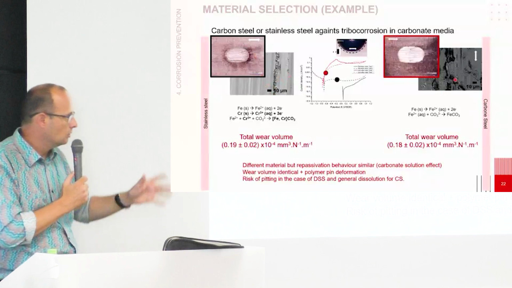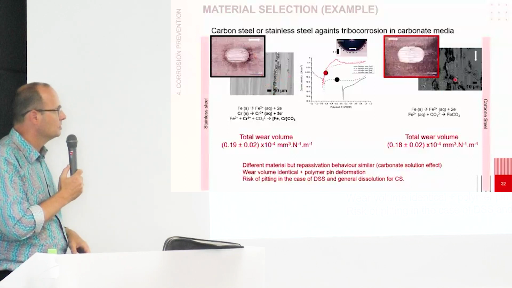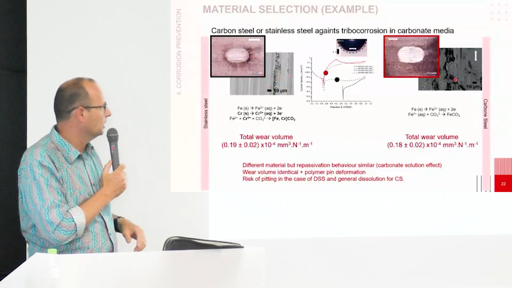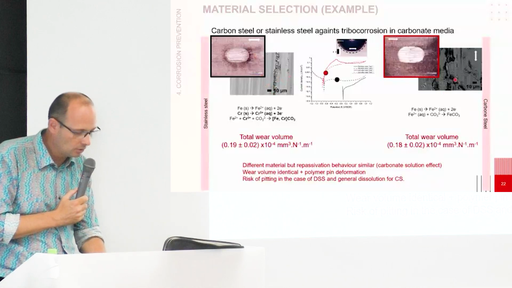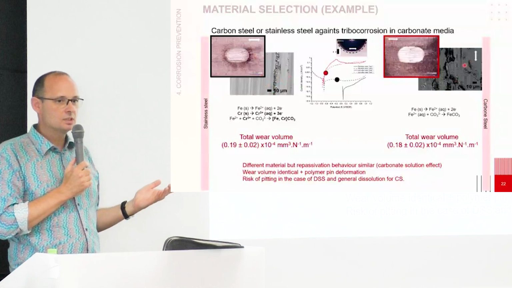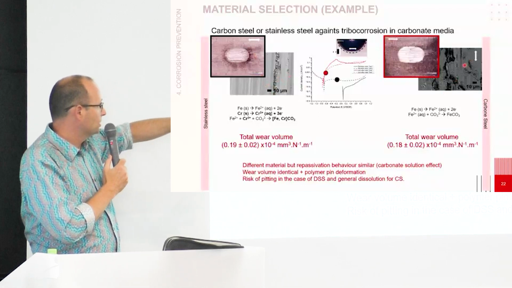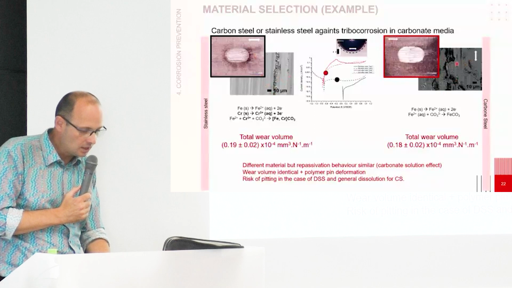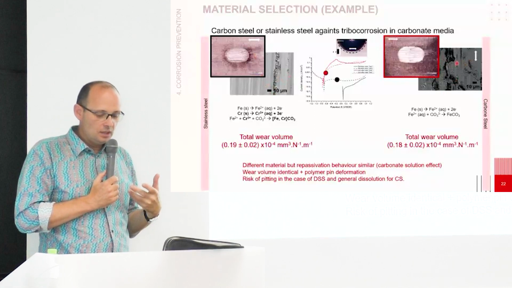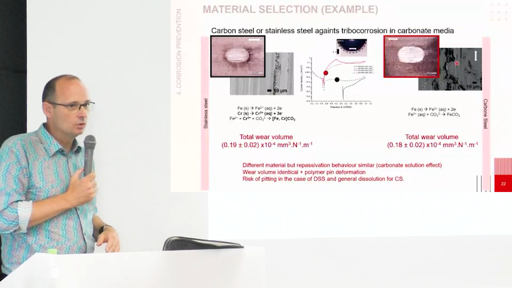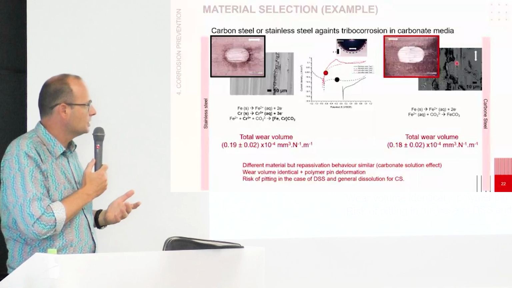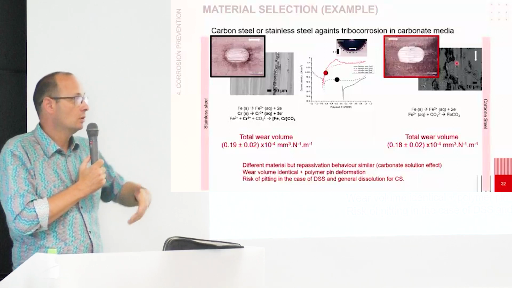Sometimes some oxide or carbonate species follow the roughness of the material. And one of them has a higher quantity. This is the carbon steel. From the optical observation, it seems that the surface here is less clean than the other one. So we could expect some differences in the material loss.